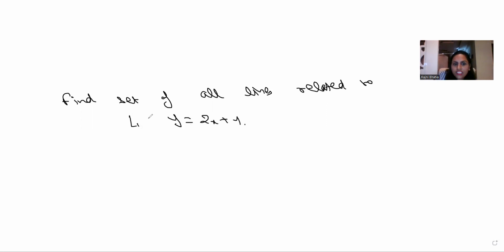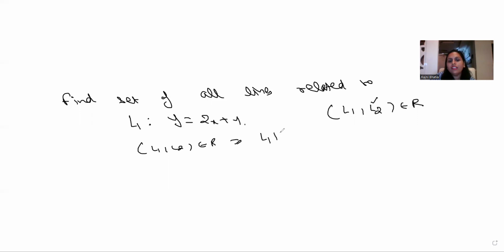So if I take this line as L1, so (L1, L2) belongs to R. L2 is the set of all the lines which are related to L1. So we need to find what are the possible values that L2 can take. We need to talk about L2. Now, (L1, L2) belongs to R simply means L1 is parallel to L2.